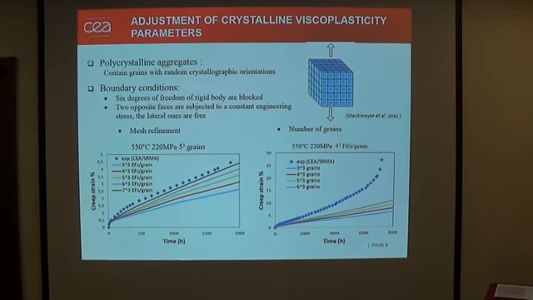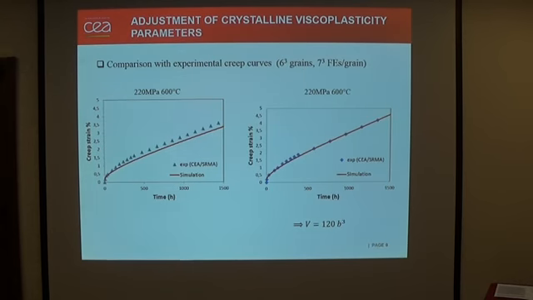We studied the effect of the number of grains and the number of elements per grain. After that, we decided to use 6 cubed grains and 7 cubed finite elements per grain for our simulations. By fitting our simulation curve to the experimental curve, we found that the activation volume should be on the order of 120 b³.